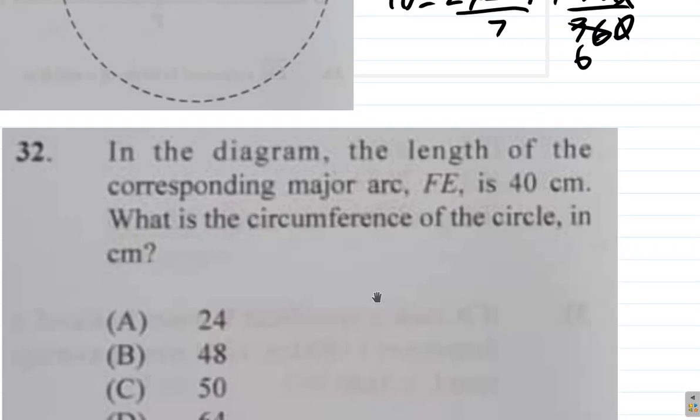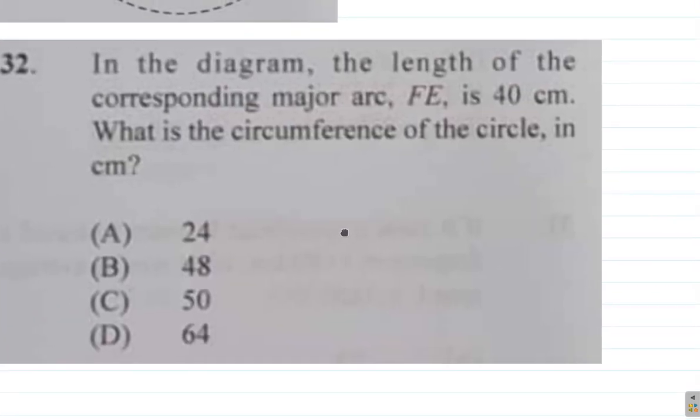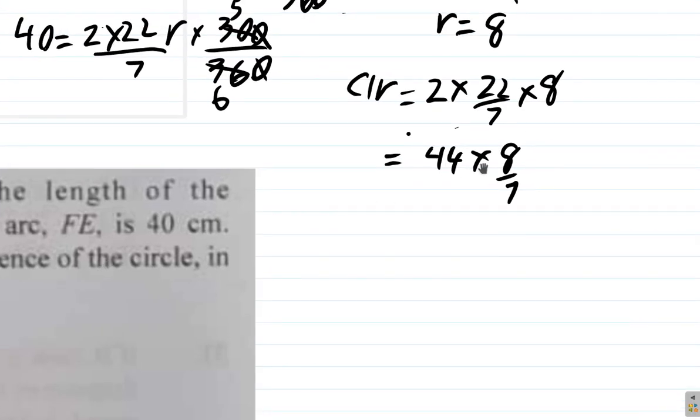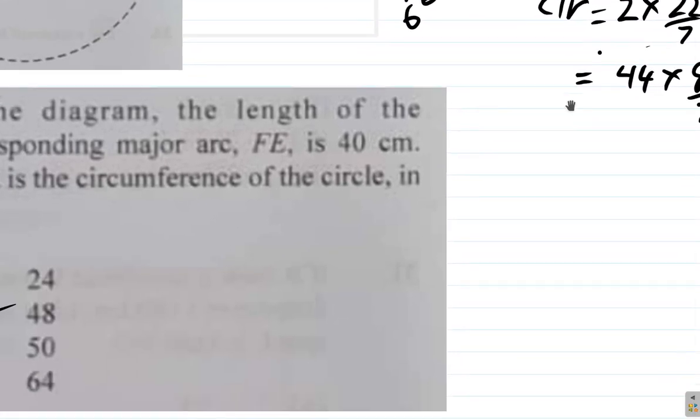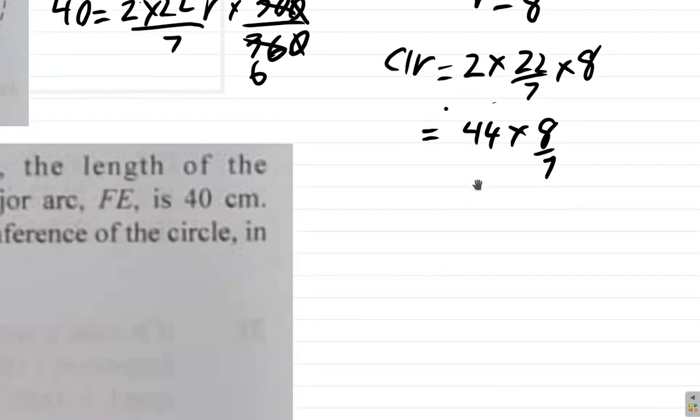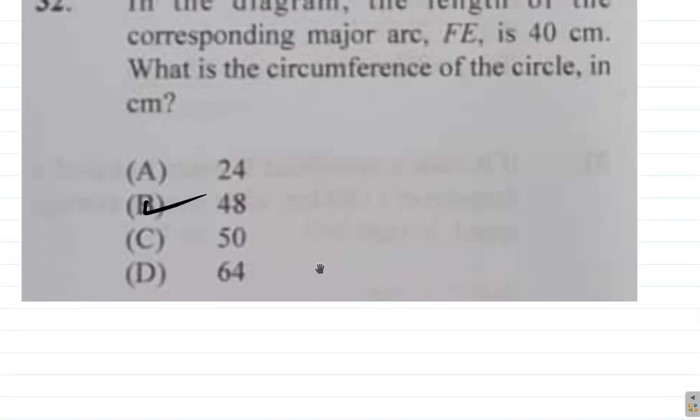Let's see what the answers say. A little over 44. The closest one you have is this, 48. Alright? So, remember, I said the circumference of the circle, 44 by 8 over 7. It's going to be a little more than 44. So, we choose 48 as the answer here.